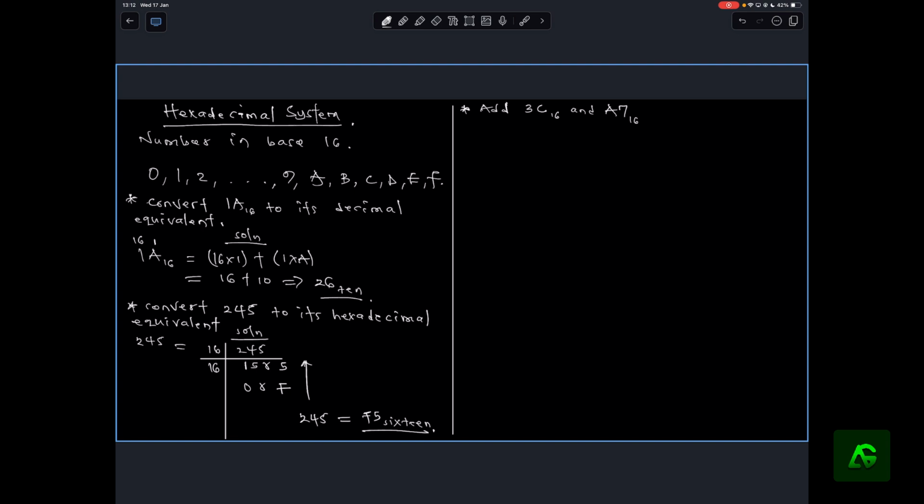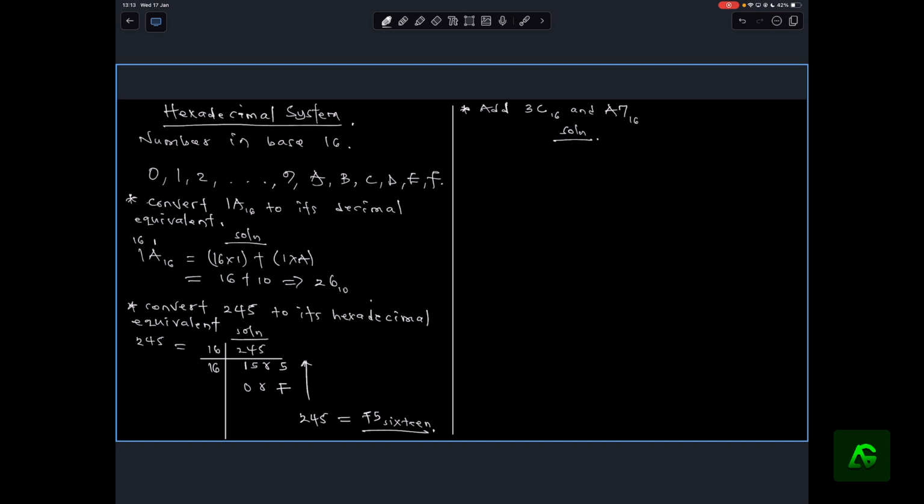Pardon me for this, since I use a figure here, this one should be written in figure as well, like this, to keep uniformity.